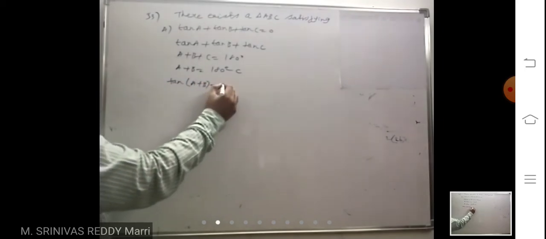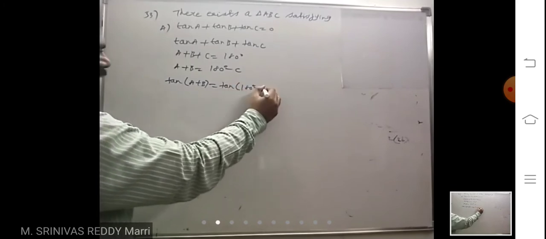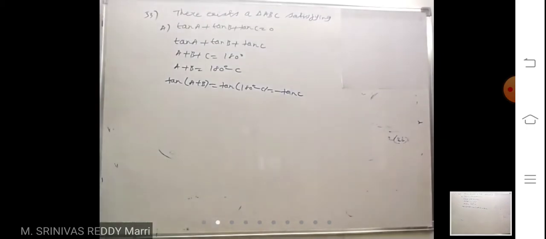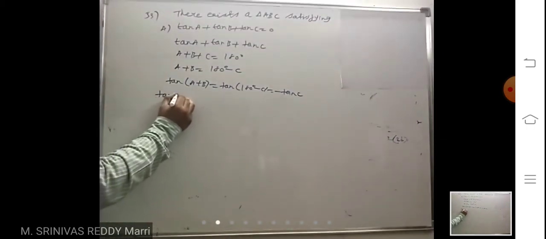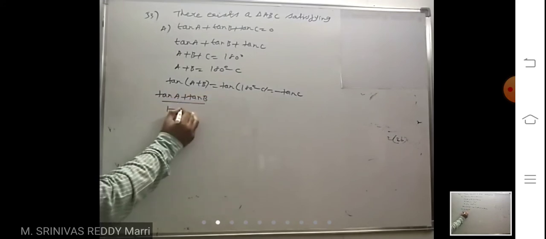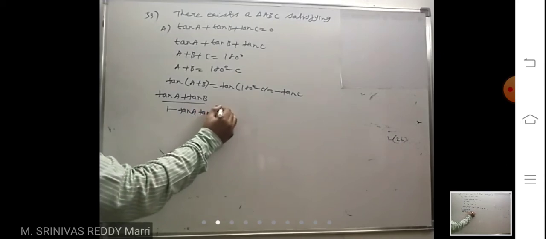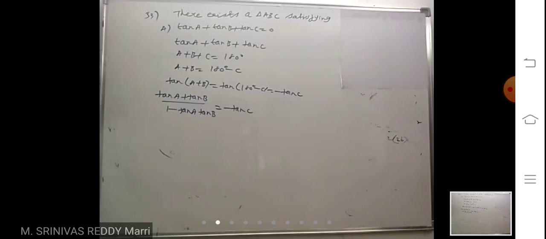Tan of A plus B is nothing but tan of 180 minus C, which is minus tan C. That means tan A plus tan B divided by 1 minus tan A tan B is nothing but minus tan C.